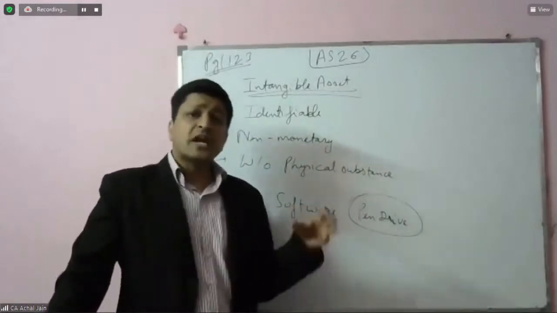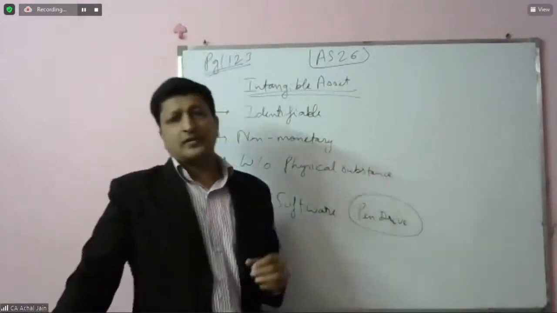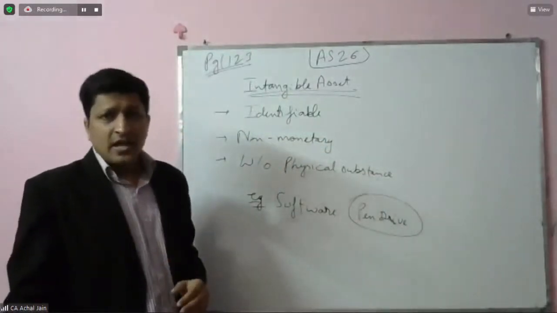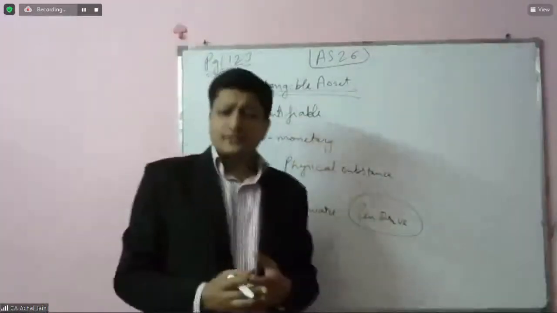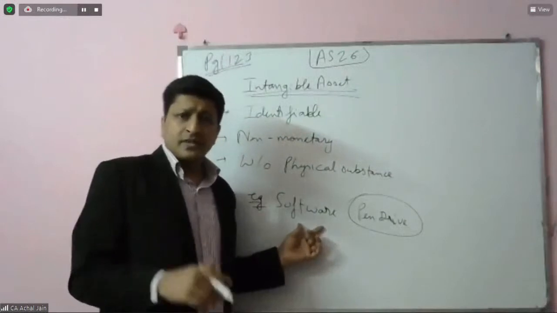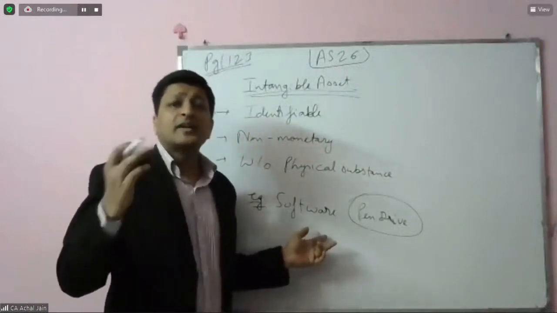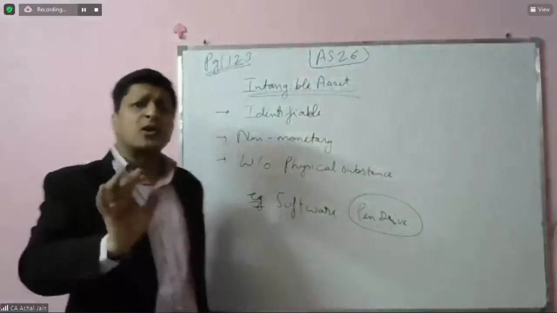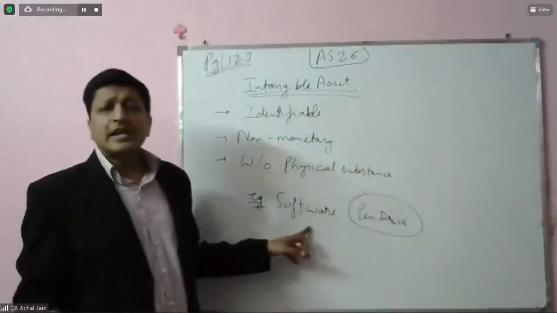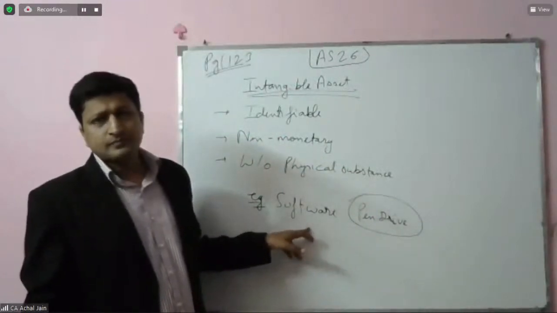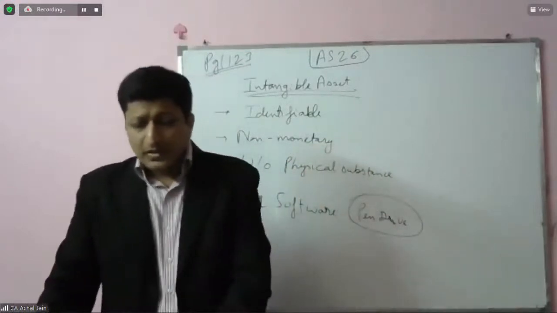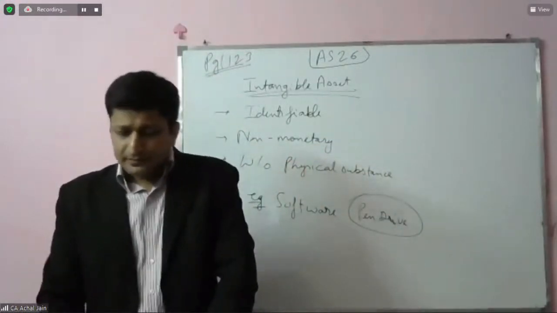If the value attached to the tangible component is insignificant as compared to the total value or as compared to the value of the intangible asset, then we will not consider that to be a tangible asset. And in fact, we will not record this as a tangible asset. How do you record it? You will record it as an intangible asset only. Clear? Clear on this point? This is very, very important.